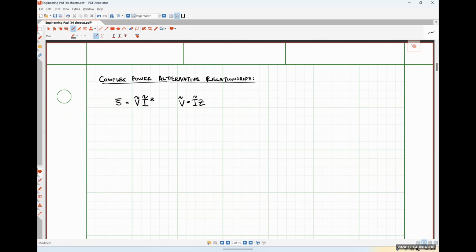So let's start with this guy here, right? Let's put everything in terms of voltage first, okay? So the voltage RMS phasor is going to get left alone. And now we're going to reorganize our Ohm's law relationship to solve for I. So I think that I should be V over Z.